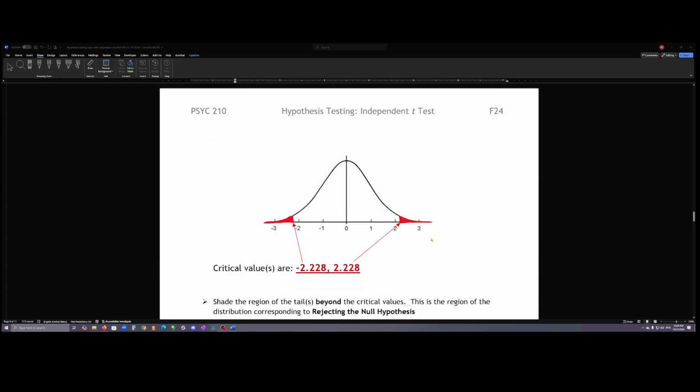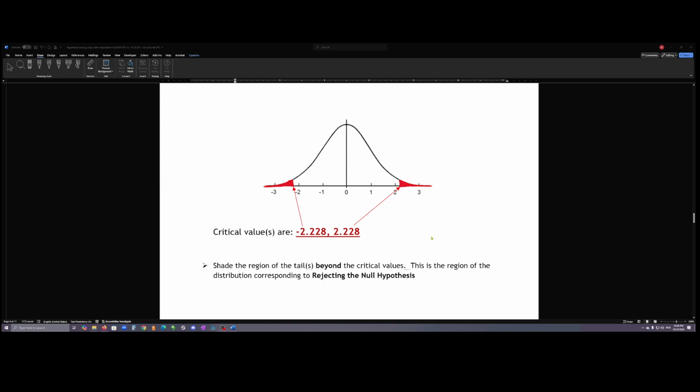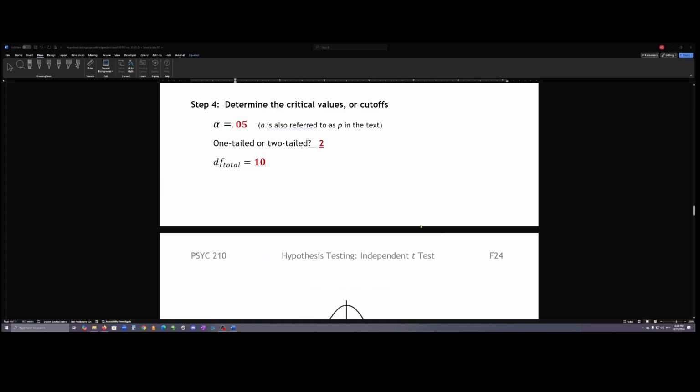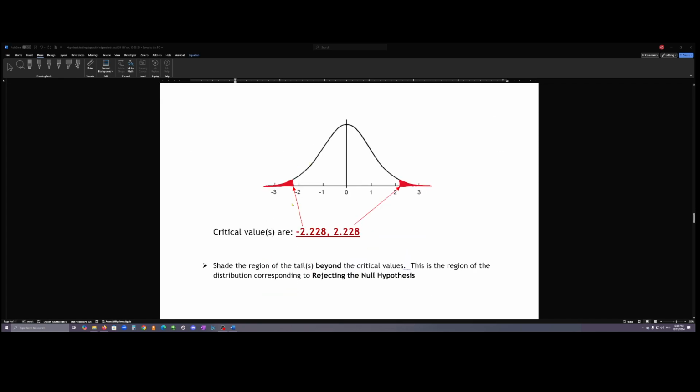Okay, so if we go to the table and we look at degrees of freedom for 10, that gets us on the correct row. It's a two-tailed test that puts us in the second set of columns that deal with two-tailed tests, and the alpha or P level, which is what the book likes to call it, of 0.05, then gives us the exact values that we need for our cutoffs.